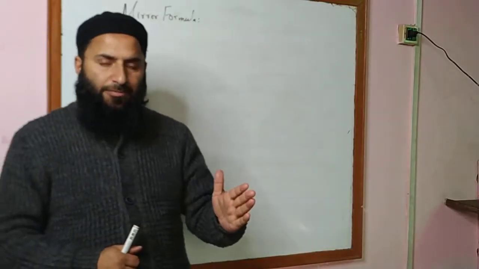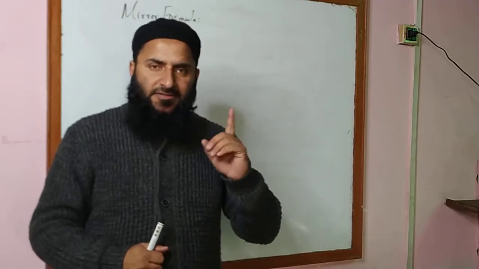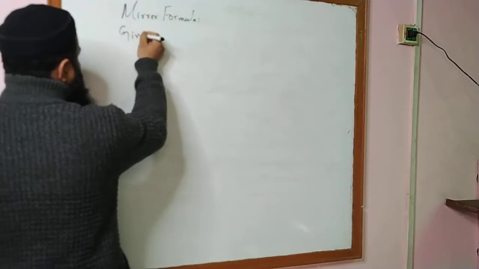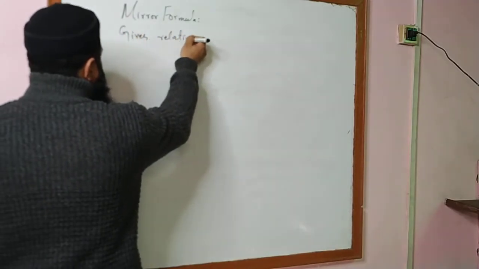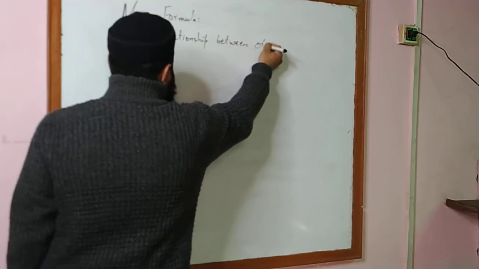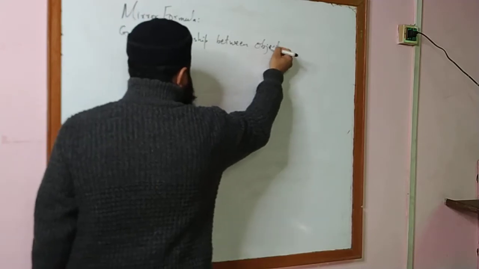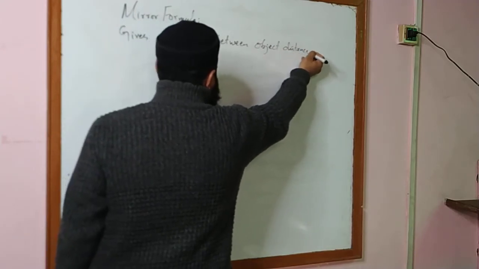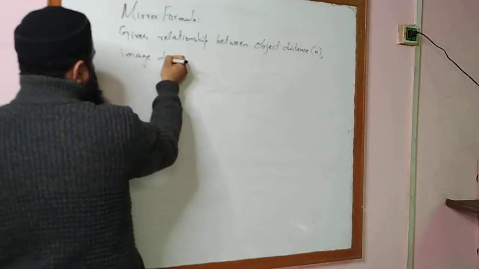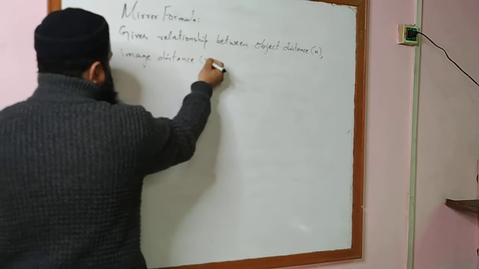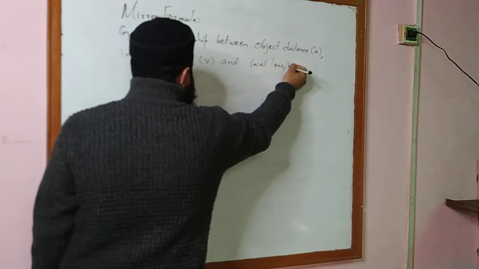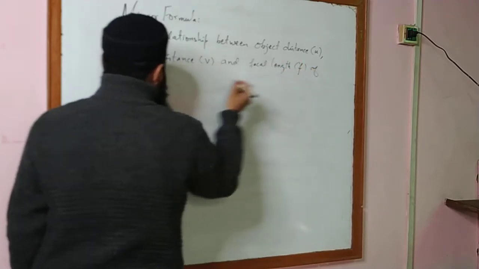It gives a relationship between object distance, that is u, image distance, that is v, and focal length, that is f, of a curved mirror.